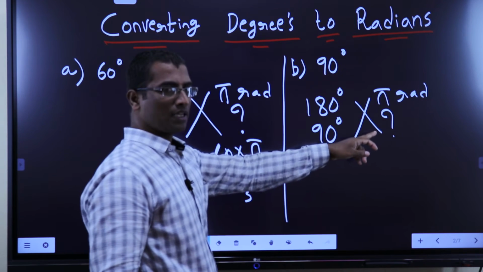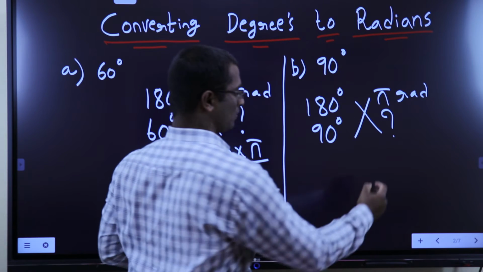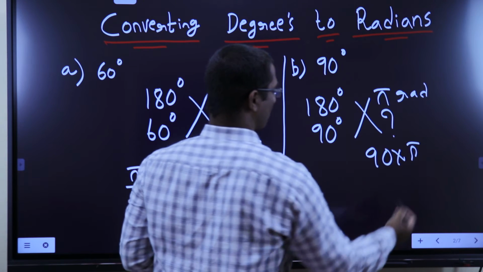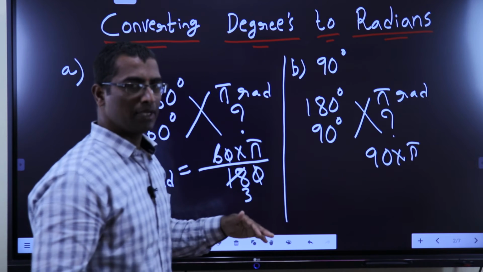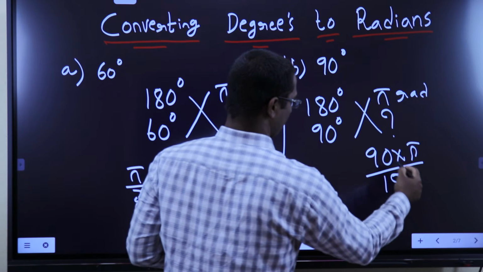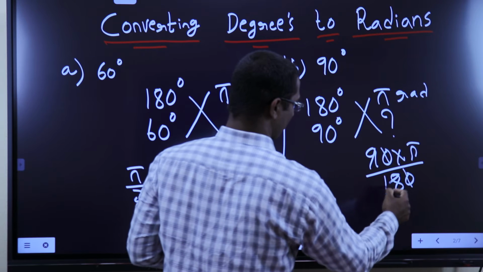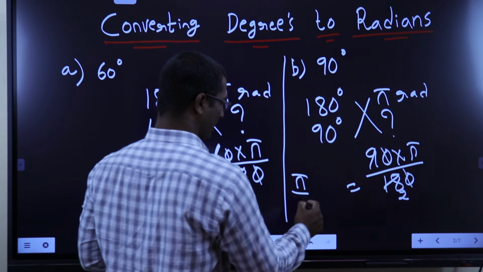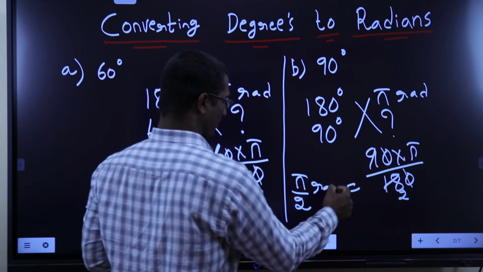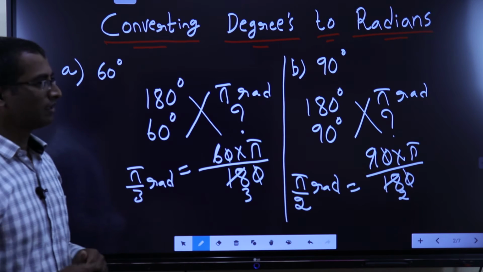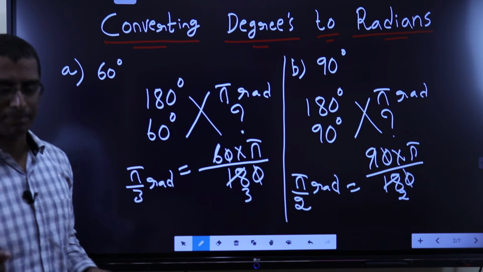I cannot multiply the question mark, so multiply these two. That will become 90 into pi. The remaining number you write it below, that is 180. So 0 0 gone, 9 2s. So that is nothing but pi by 2 radians.